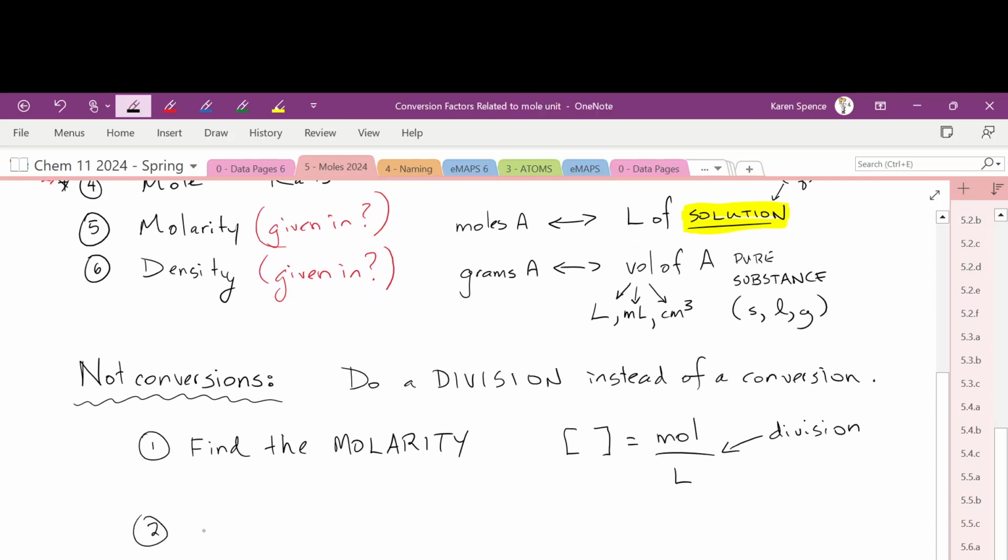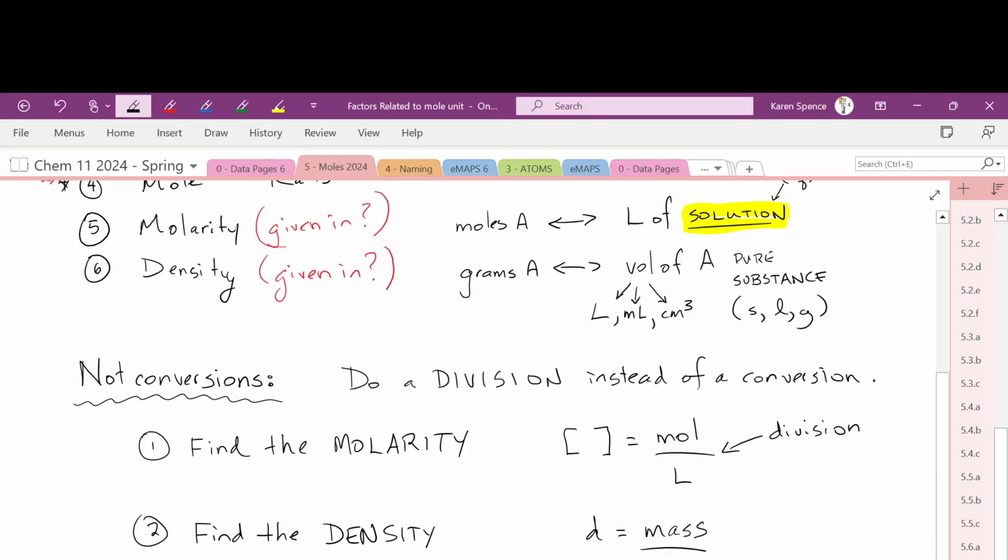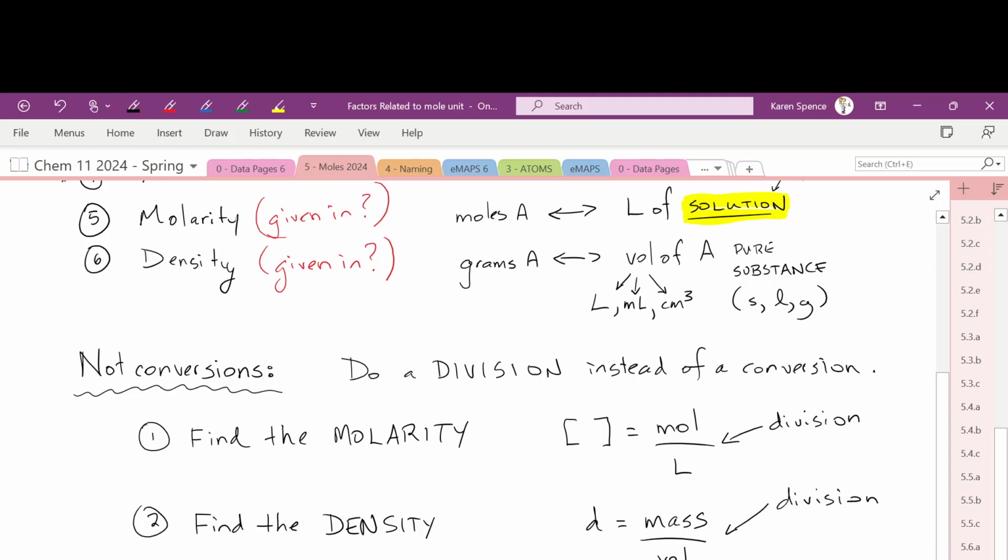What if I said to you, find the density? Density equals mass over volume. That's a division. And today we're going to learn a new one.